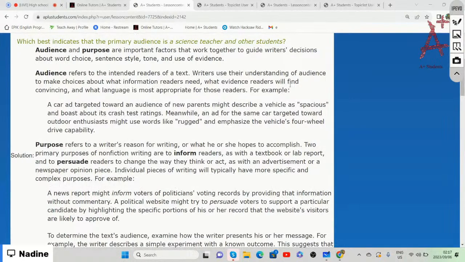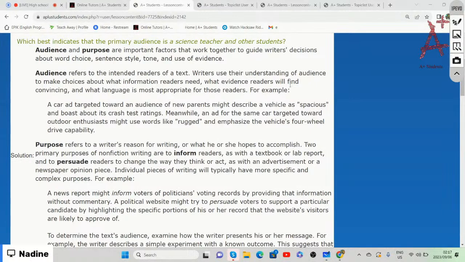Information and choices need to be made, information that the readers need. And what evidence do you think, as a writer, readers will find convincing, and what language is most appropriate for readers? That is why, when it comes to audience, it's having a target when it comes to reading or writing. The same with advertisement.